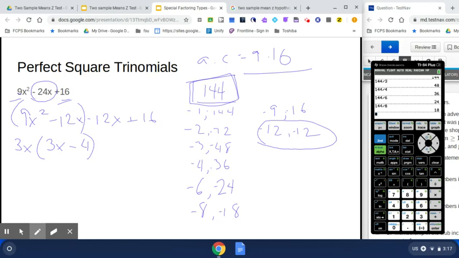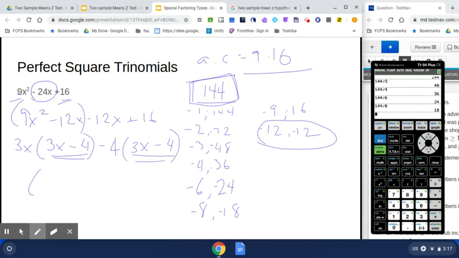The second group, notice there's a minus 12x and then a plus 16. So I'm going to need to factor out a negative 4. Negative 4 times 3x will give me negative 12x, and negative 4 times negative 4 will give me positive 16. Our binomials match. That's what we're looking for.